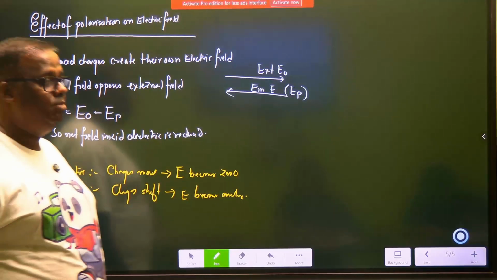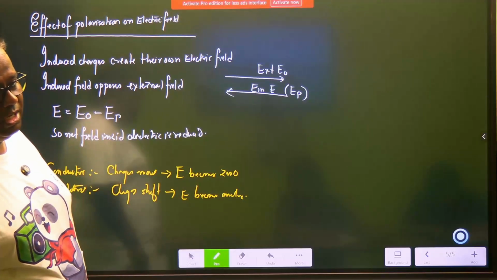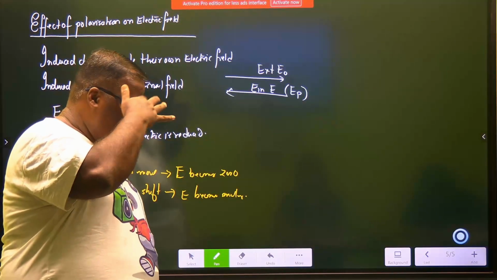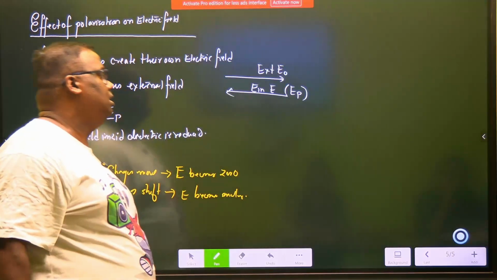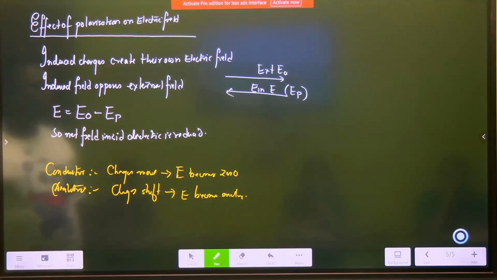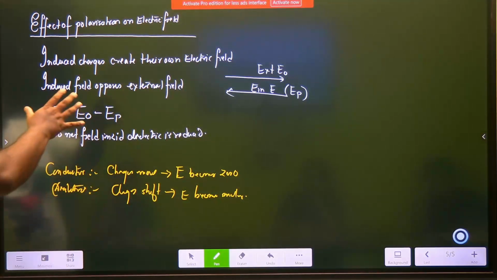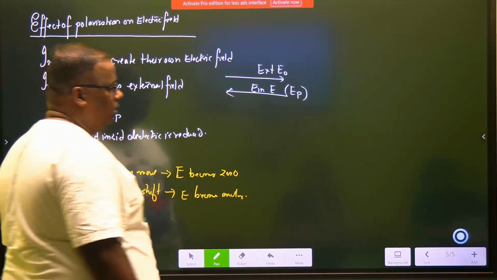Due to this alignment, the dipoles will create a layer of positive charge on one side and a negative charge on the other side, only on the surface, whereas inside their charges will cancel each other. As a result, an induced electric field is created, but not as strong as in the case of conductors. So there still remains an electric field which is less than the applied electric field.